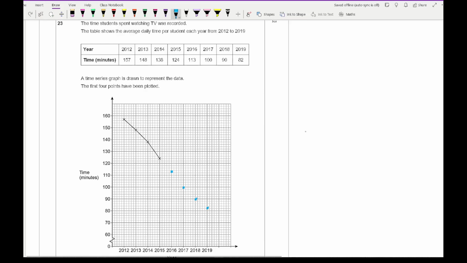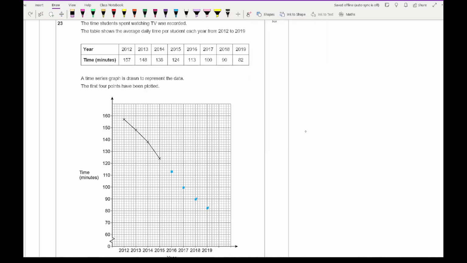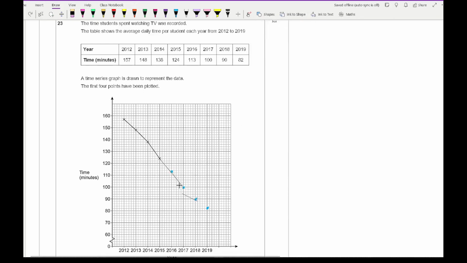Now, again, what we then need to do, very neatly, is draw lines to connect those up. And I think this might be a little bit more awkward. Always make sure that you are using a ruler and trying to be as accurate as you can.